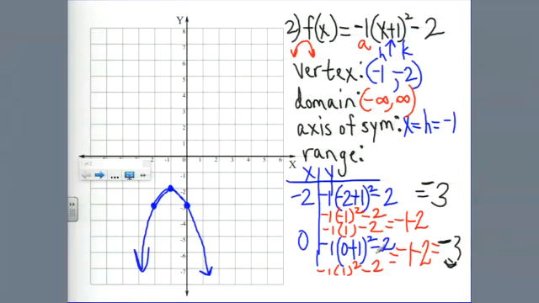Now, from the graph, we can determine our range. It's coming from negative forever, and it's stopping at the Y value -2. So our range is parentheses -infinity, comma, -2 brackets.